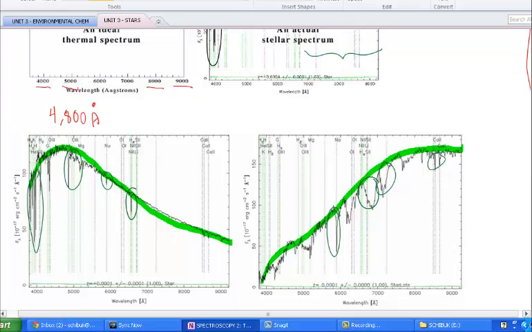Angstroms is a unit for wavelength. Over here, the peak of the wavelength is much closer to about 8,500 angstroms. So if you were to ask yourself which is the hotter star, you have to ask yourself which one is letting off shorter wavelengths. Now, 4,800 is a much smaller number than 8,500, so the very first star is going to be much hotter than the second.